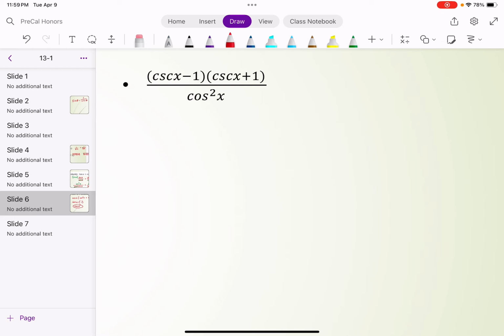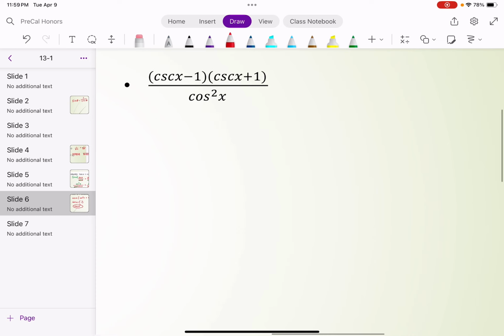Once again, we are looking at a difference of squares for this numerator. Now, just as we saw in slide 4, anytime we are working with a difference of squares, it will usually lead to one of the equations from the Pythagorean identity. So we're going to multiply these two terms against each other.